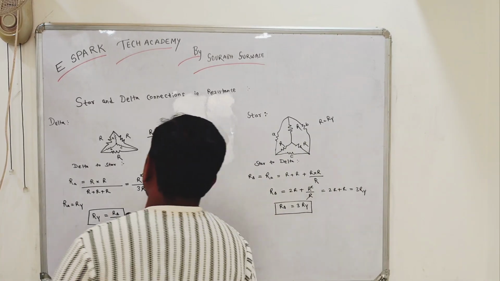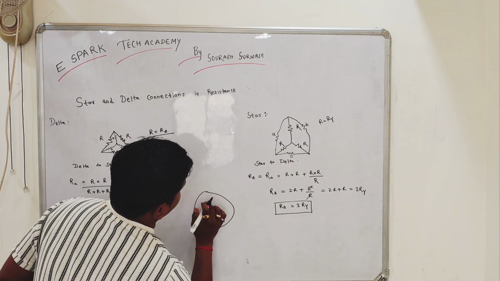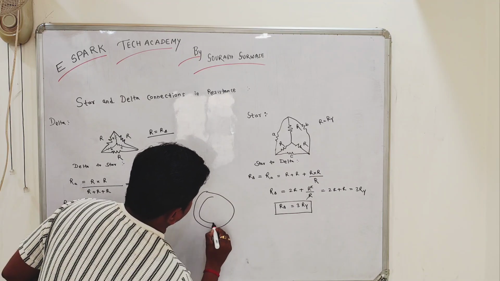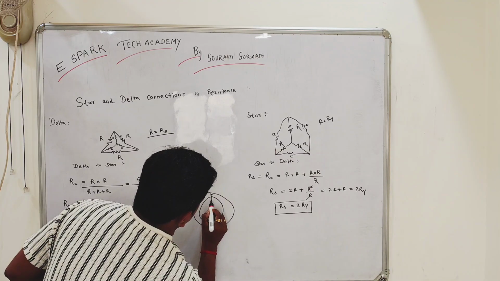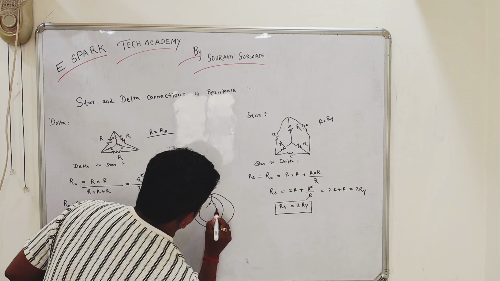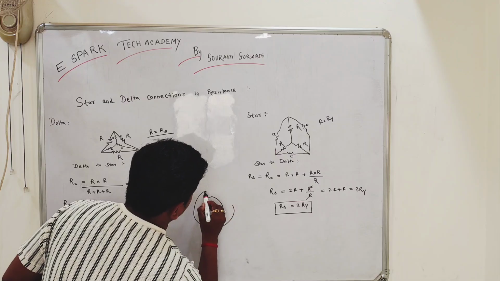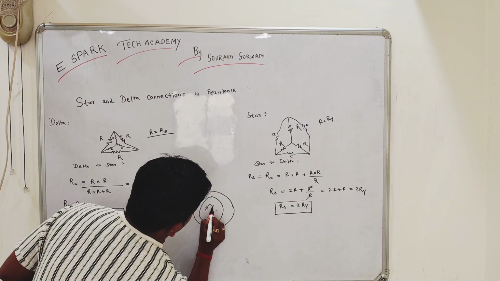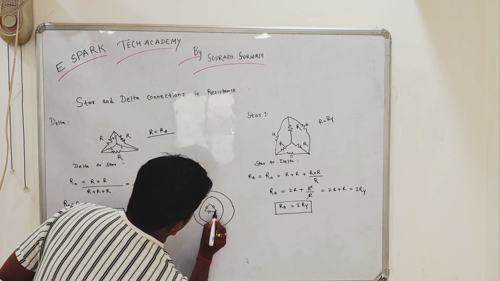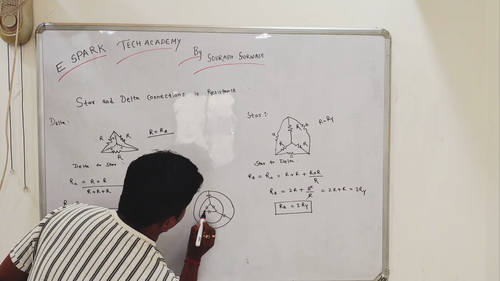In many cases, now I will give you an example of a cable. From the cable point of view, the capacitances are connected in delta, and accordingly with respect to conductor and sheet the capacitances will be present.